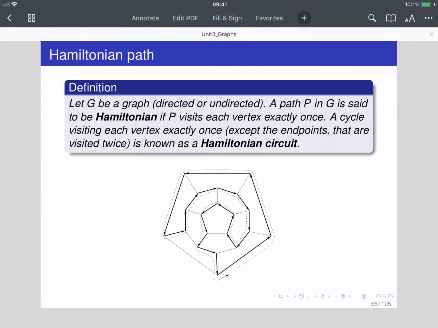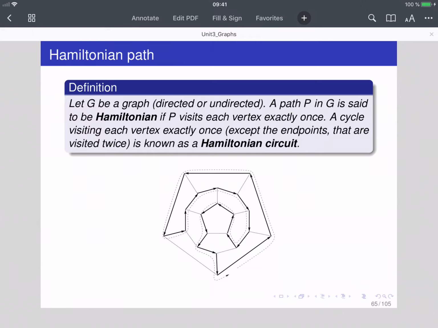For instance, here in the figure in the slide, you see a graph that comes from a geometrical figure, from a polyhedron, and you can see that we can make a path in the graph that uses all the vertices once and only once, and in fact it starts and ends in the same place, so it's a cycle.